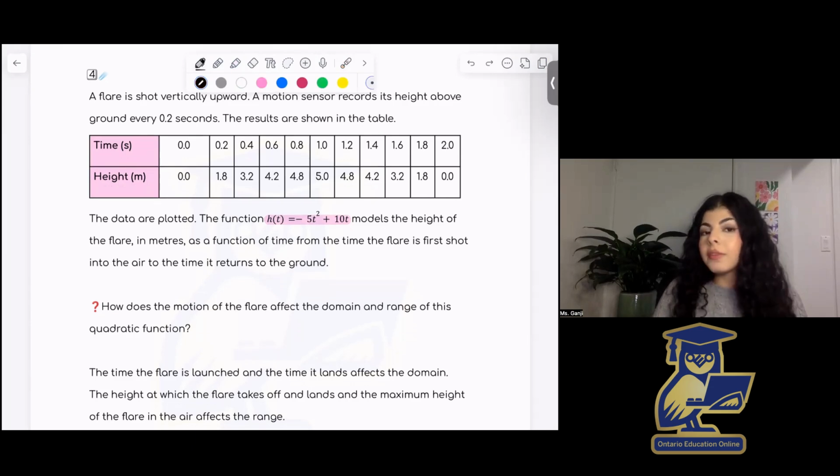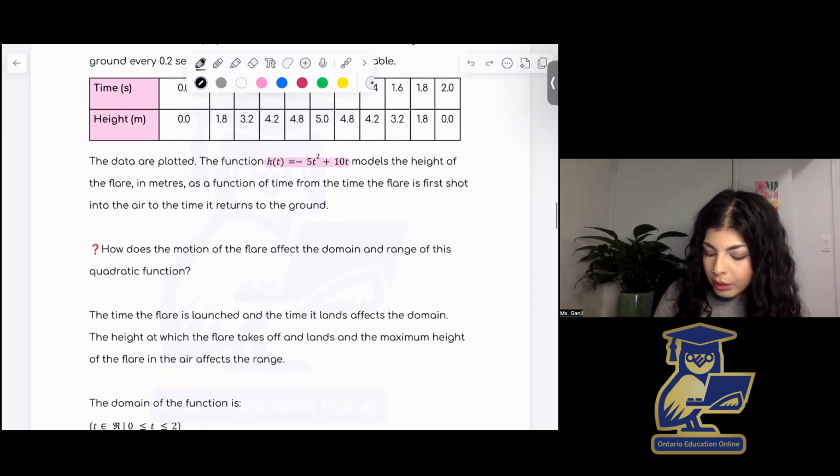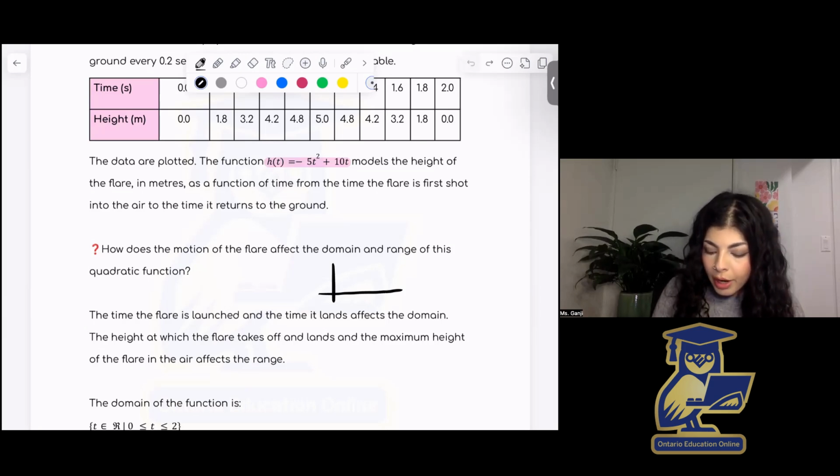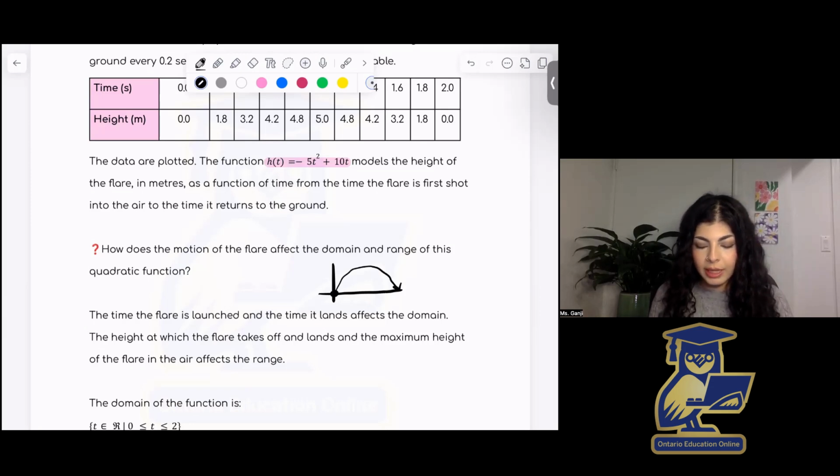With all of these application problems where you have an object moving through the air, we always want to consider two things. The starting point: does the object start from above the ground, or is it shot from the ground and has a motion like this?